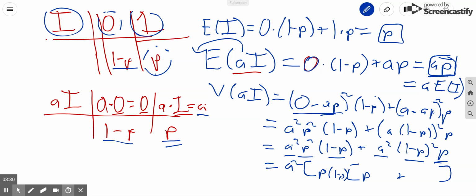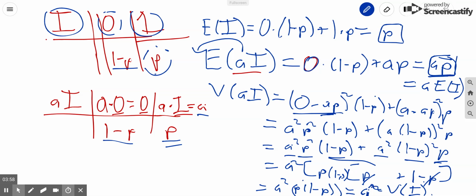And that leaves me with nothing there, and here I'm left with 1 minus p. And then notice p plus 1 minus p just gives me 1. So I end up with a squared times p times 1 minus p. And from our previous video, you know that p times 1 minus p is the variance. So I end up with a squared times the variance of I.